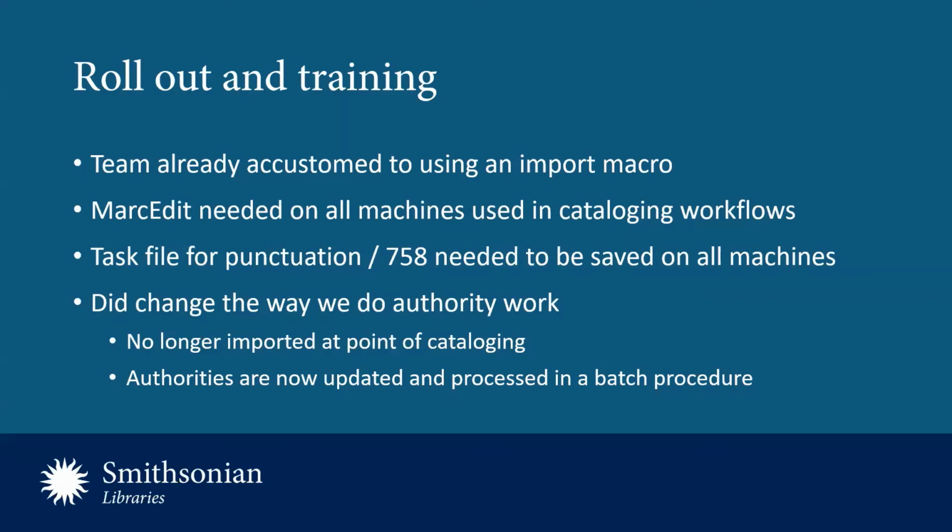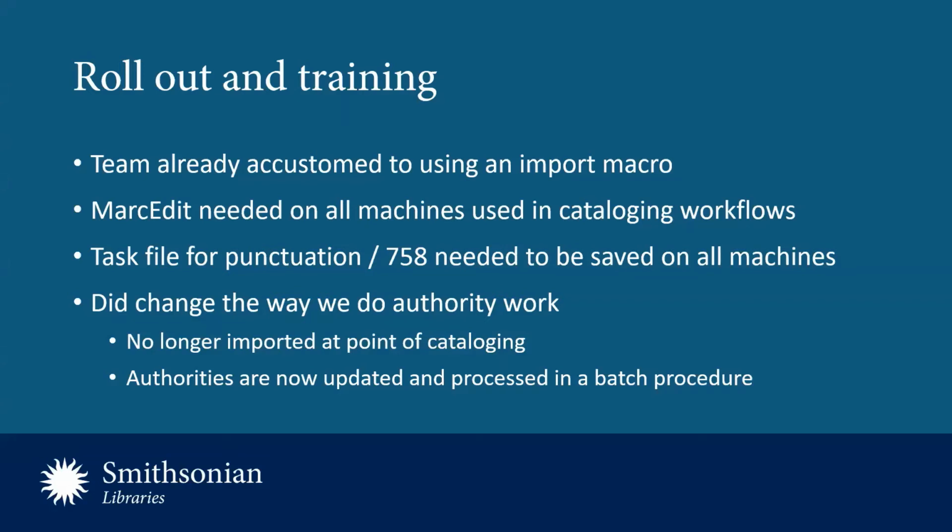The biggest change that we saw with our workflow is how we handle authority records. Prior to this macro, catalogers were accustomed to importing related authority records at that point of cataloging. So they would export the bibs, they would export the authority records at the same time and import them. We can't do that now because we can't put authority records through the linked data macro.